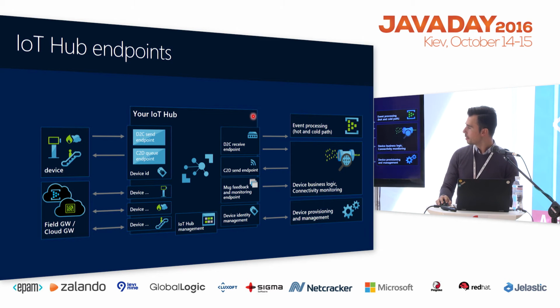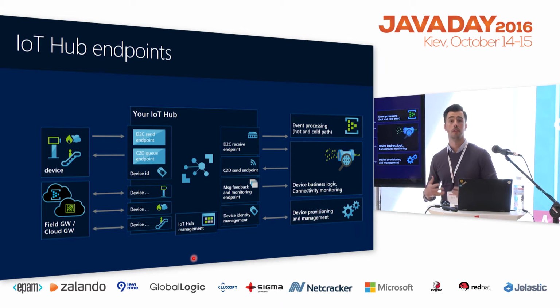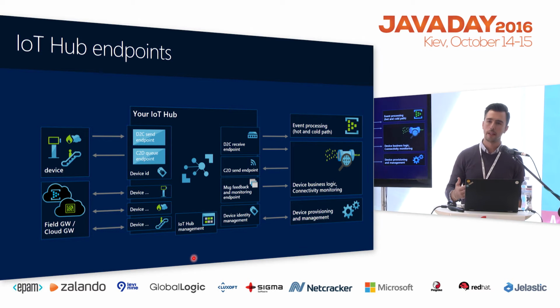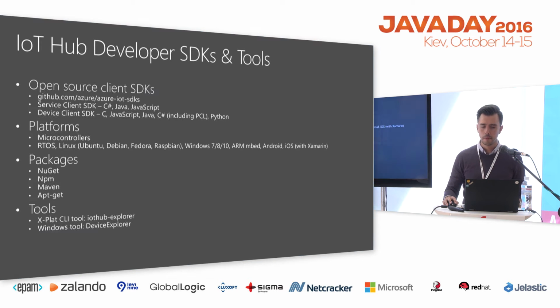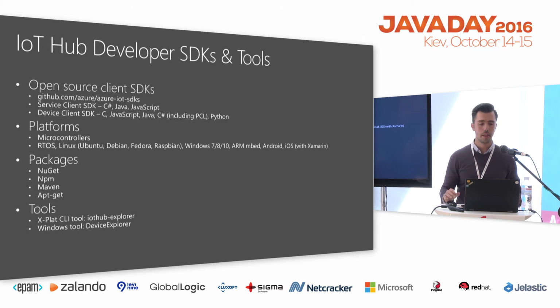And the third part of the SDKs are related to IoT Hub management because, for example, if you want to provision thousands of devices, you won't do it manually, you would do this programmatically. So if you look at this, this builds all the SDKs that are available for IoT Hub.